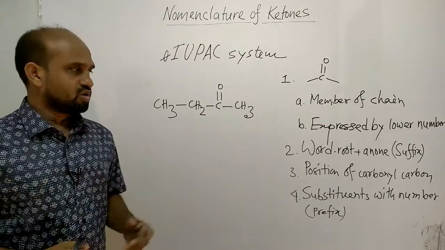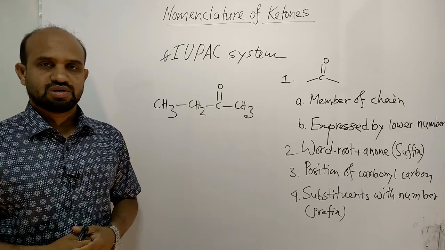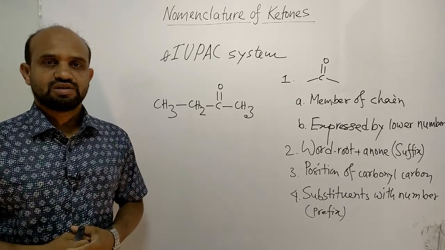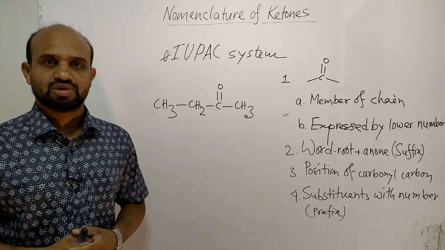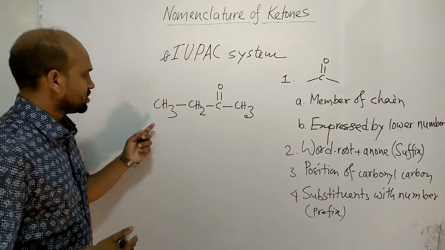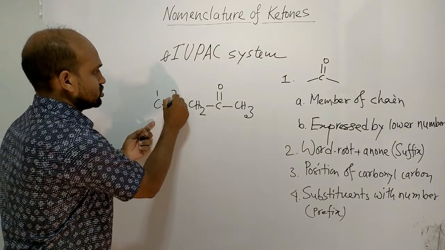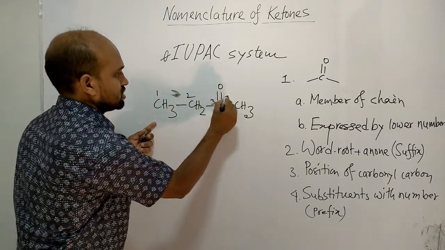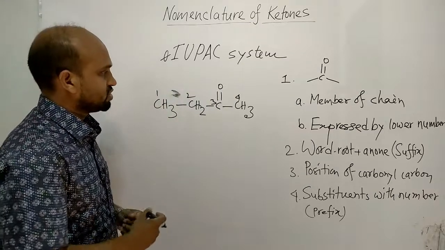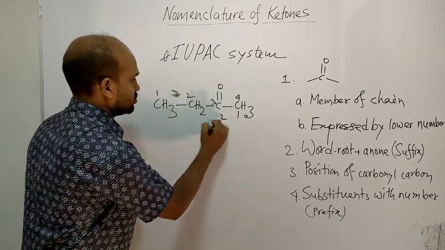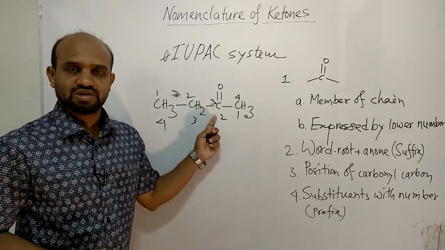Let's see the name of this compound. First of all, carbon atoms are numbered in such a way that the carbonyl carbon will be expressed by the lower number. So if it is numbered from the left, then the carbonyl carbon will be 1, 2, 3, 4, carbon number 3. And if it is numbered from the right, then 1, 2, 3, 4, the carbonyl carbon is expressed by 2.